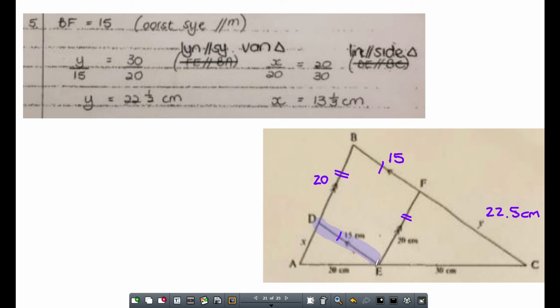So daar's my parallelle sytjie en hy's parallel aan my basis van daai driehoek. En dit is hoekom ek sê hierdie stukkie oor met daai stukkie gelyk aan daai stukkie met hierdie stuk. So ek gaan soek altyd heel eers my twee parallelle sye en dan gaan kyk ek okay, as ek van daai twee gebruik, hierdie een is hy onderkant is, kan ek 'n driehoek boontoe trek of as hierdie een my onderste sytjie gaan wees, kan ek miskien hiernatoe 'n driehoek trek. So dan gaan identifiseer eers jou driehoek. En dan gaan jy sien of jou onbekende wat jy moet uitwerk, in hierdie geval nou X, binne in daai driehoek lê of nie. Dis maar wat ek doen.